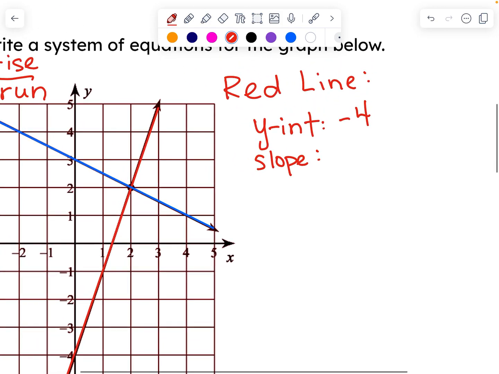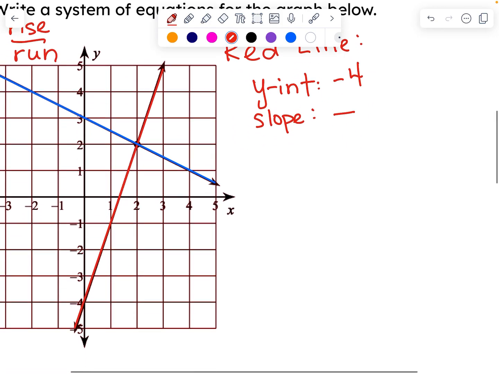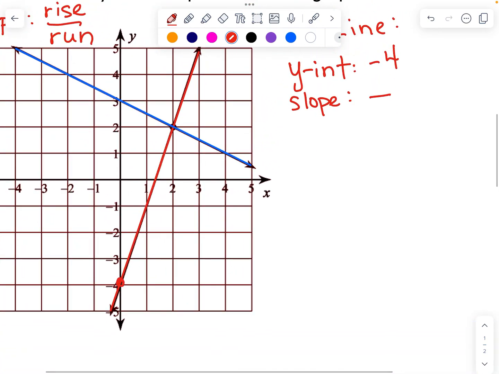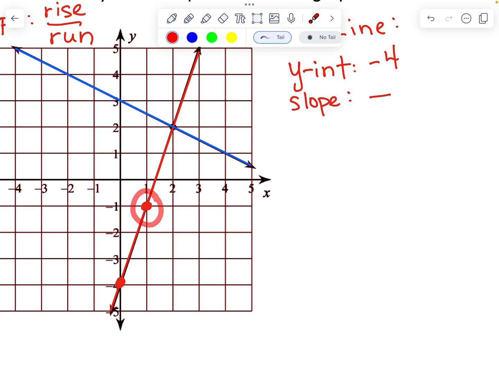For this red line, I'm going to start at this point and end at this point. I picked those points because this point is right on a crosshair, a corner where I know exactly the value of this point. And same thing with this point.